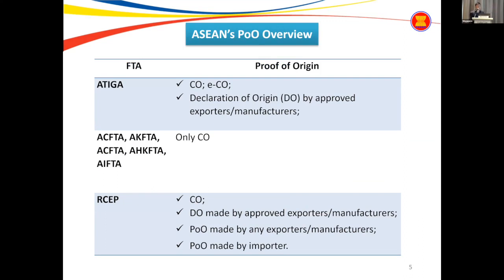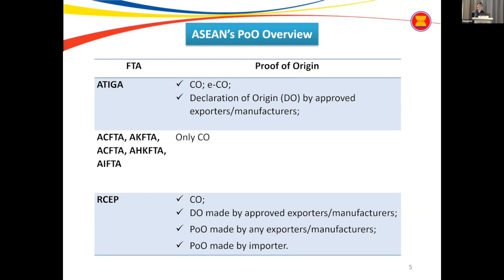From those FTAs, I would like to give you an overview of some types of proof of origin in the ASEAN FTA network. From ATIGA, we have CO as well as ECO. Later, I will introduce more. ATIGA has a declaration of origin, but please remember that it is only for a certified exporter or approved exporter.